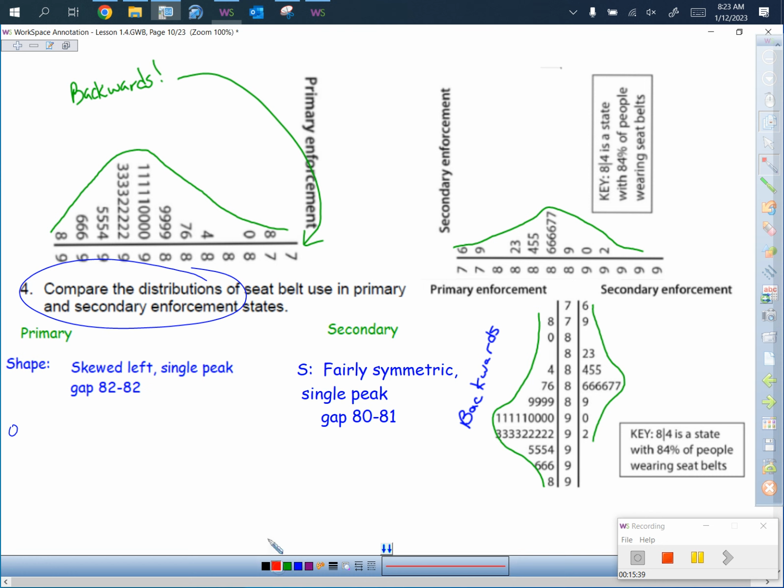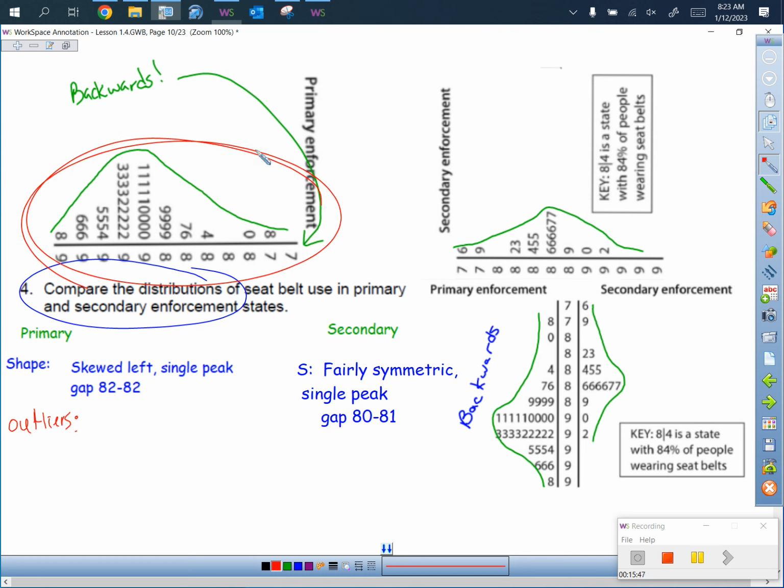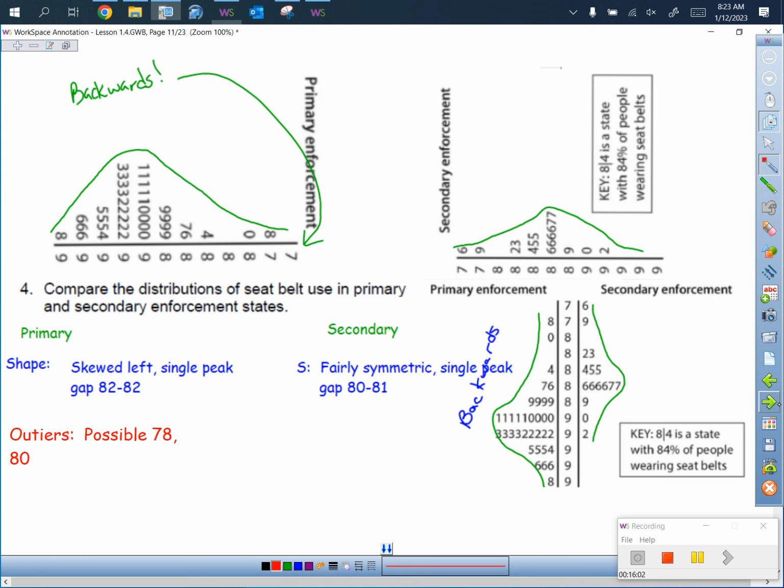Let's kind of go back to the first graph over here. Do you feel there's any outliers on this guy? Discuss with your neighbor. Any outliers? I personally would say yes to that. What do you think about these? They just seem like they're a little out of the data. Right? So I'm going to put those possible, right?